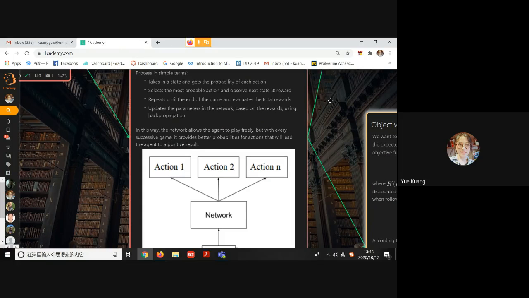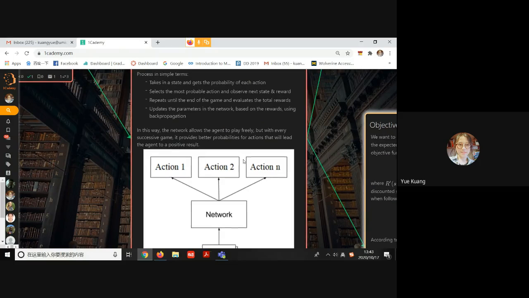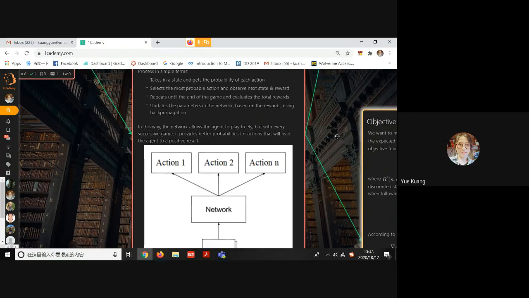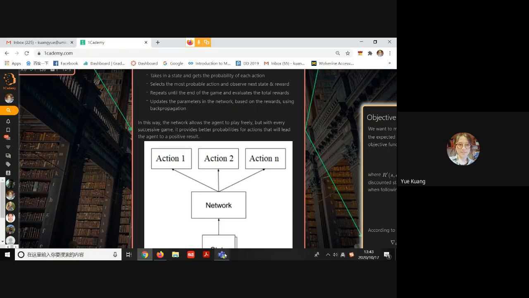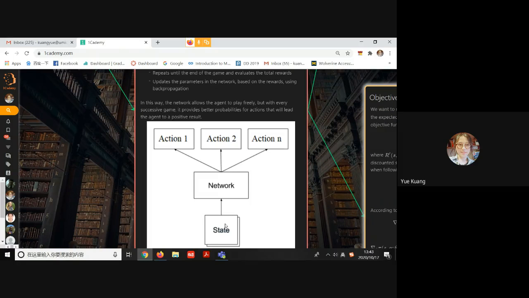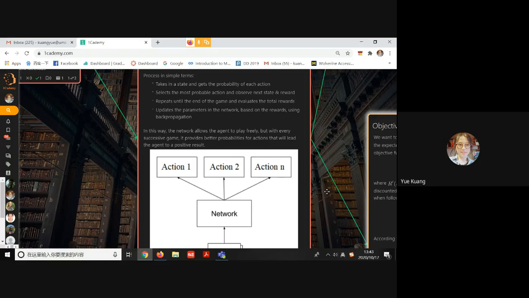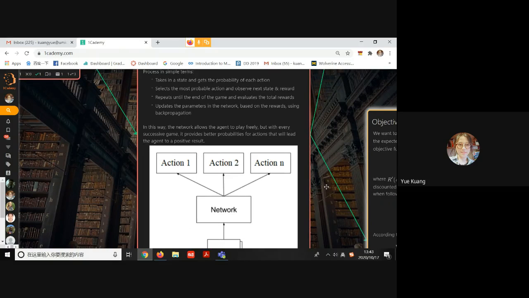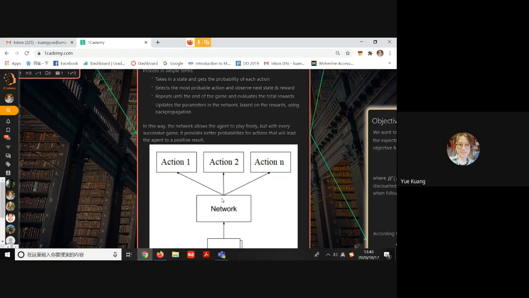Here's the process in simple terms. First, the network takes in a state and gets the probability of each action. Then it selects the most probable action and observes the next state and the reward.